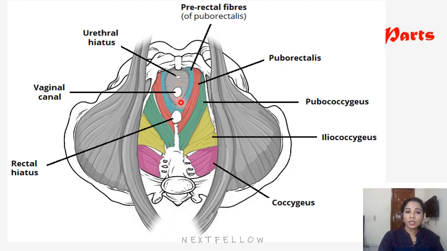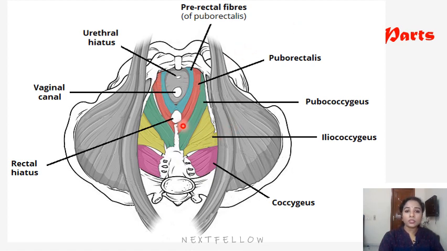And pubourethralis here, and pubovaginalis around the vagina. Pubourethralis is around the urethra again. Then puborectalis, which is the major component around the rectum. This makes a sling.